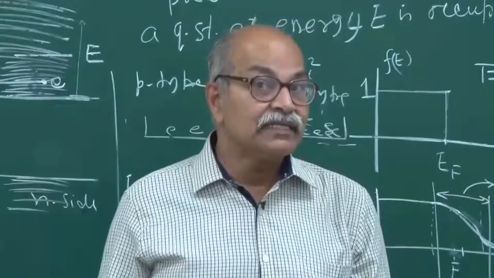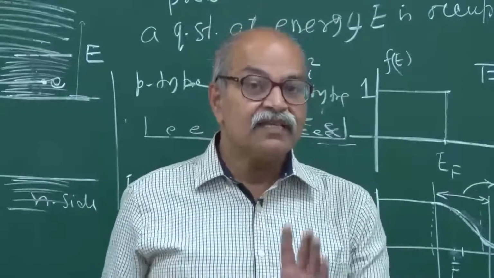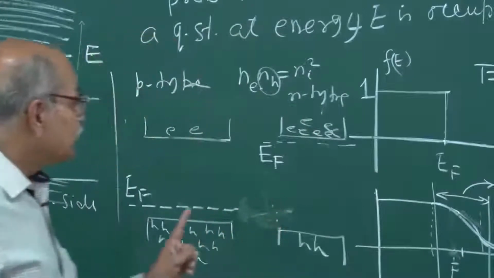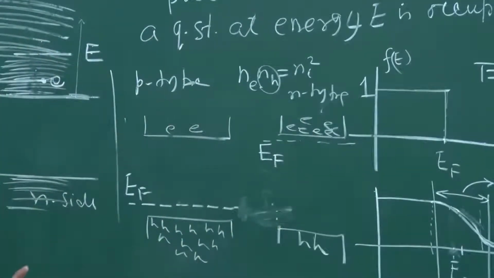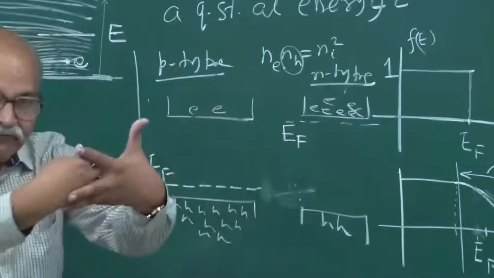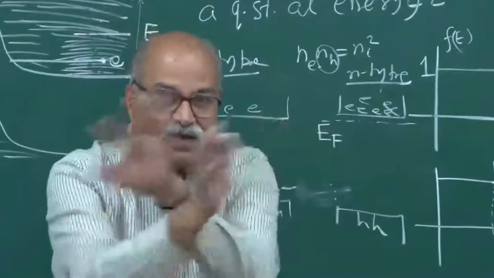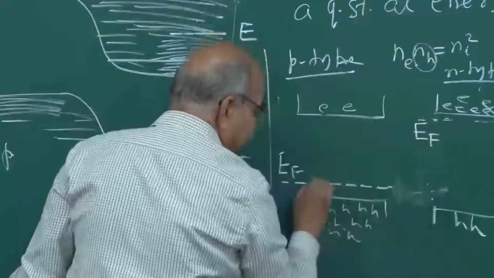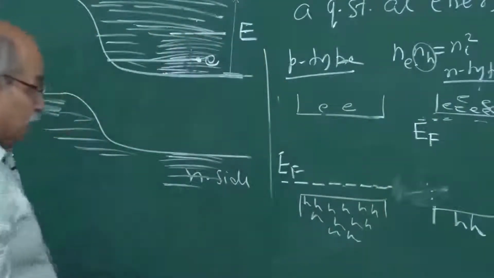Once the system is in equilibrium, it has to have only one Fermi energy. Therefore, when you make this p-n junction, when you make this p-type and n-type on the same wafer and they can interact, this Fermi energy and this Fermi energy have to be the same.